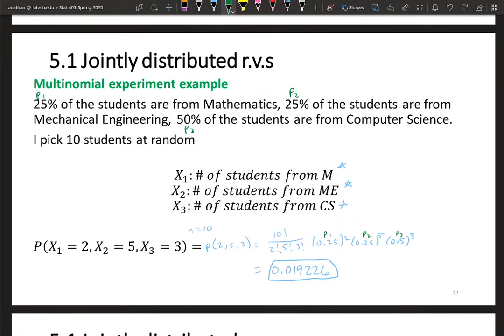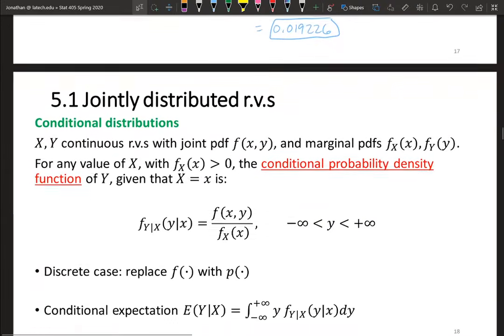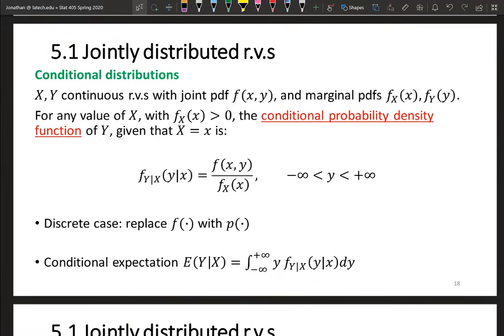Any questions? Again, not going to be emphasized a great deal, but just an example of a joint PMF in the real world, kind of extending something we did in chapter 3.